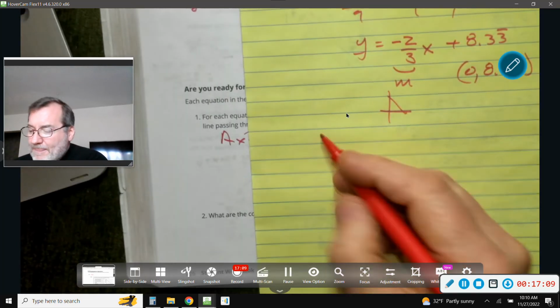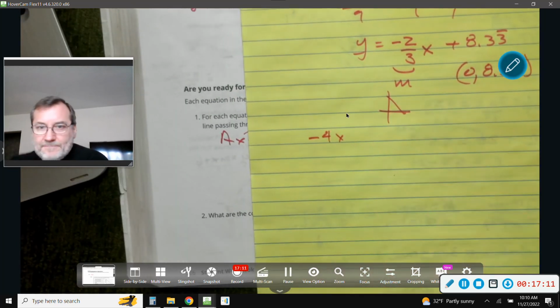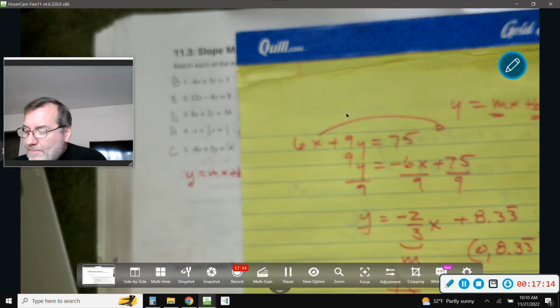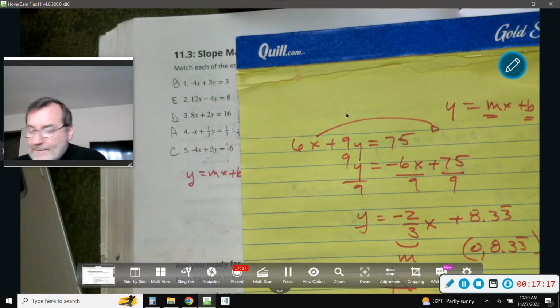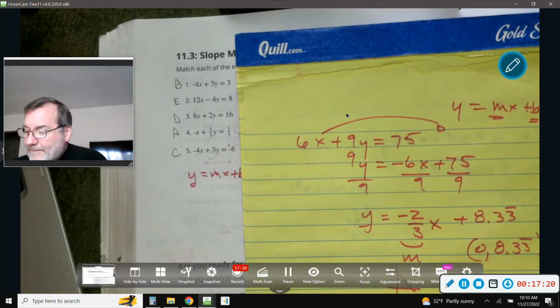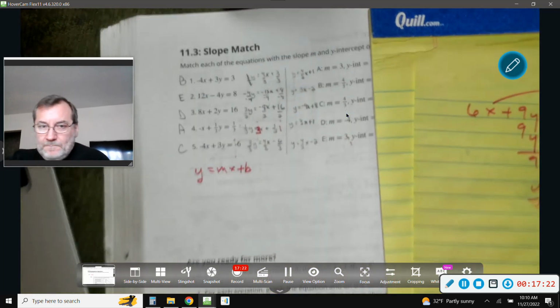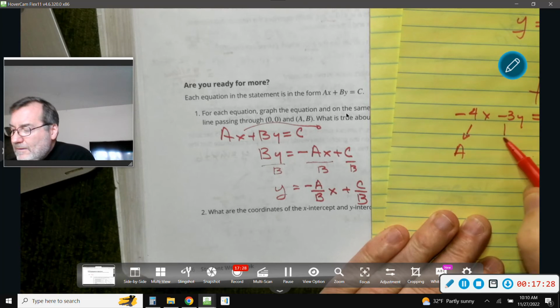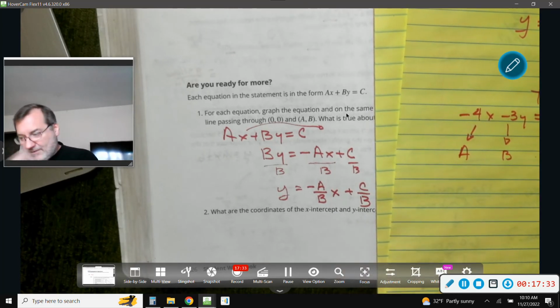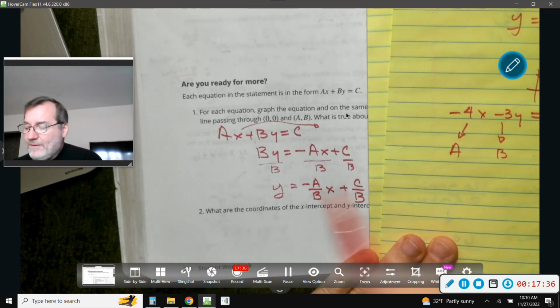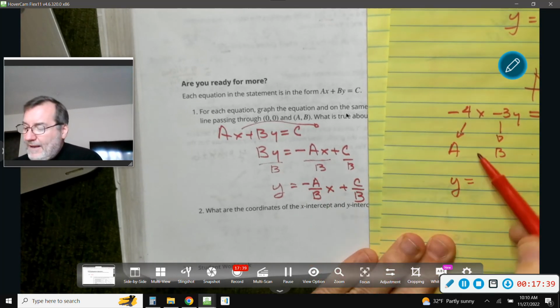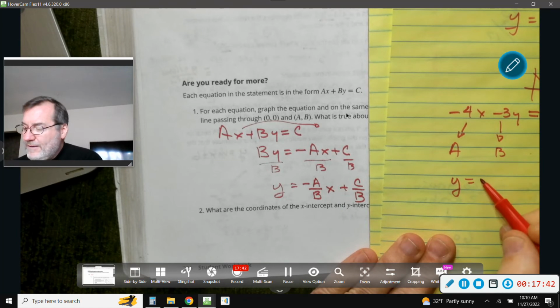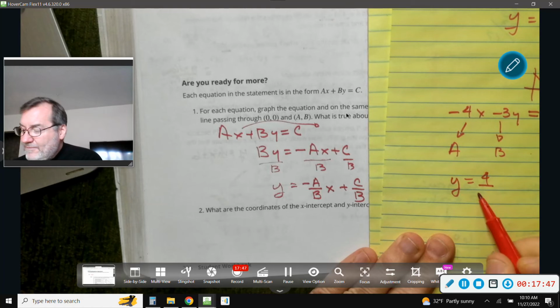If I took negative 4x plus 3y equals 3. That's A, that's B, and that's the C. Let's just substitute it into this thing right here. y equals negative A. Well, let's see, A is negative 4, so a negative A would be a plus 4 divided by the B, which is a negative 3.